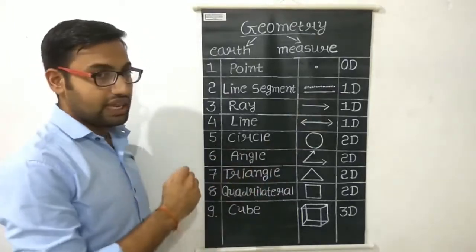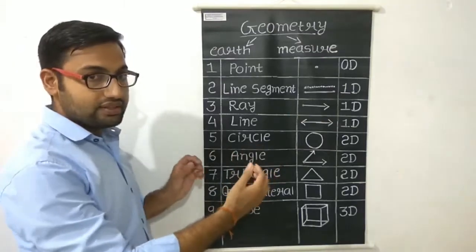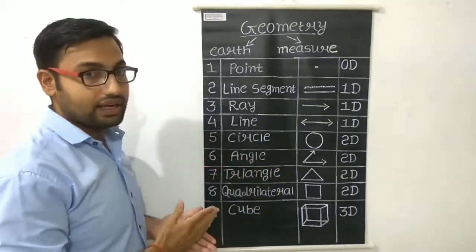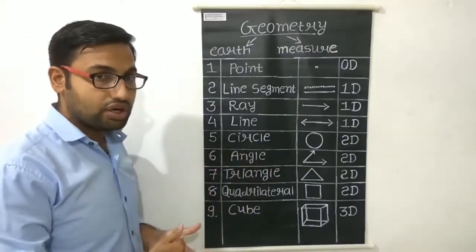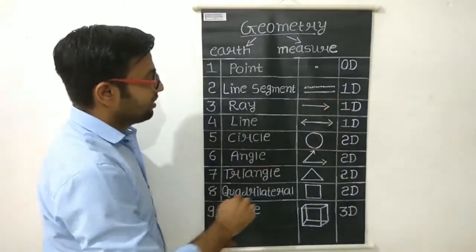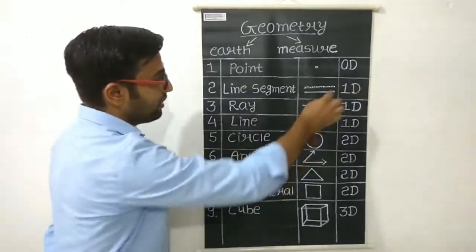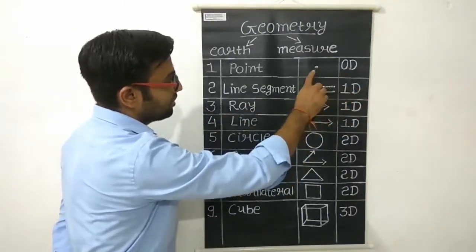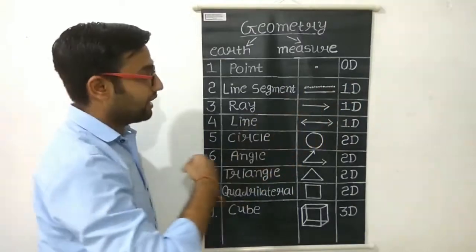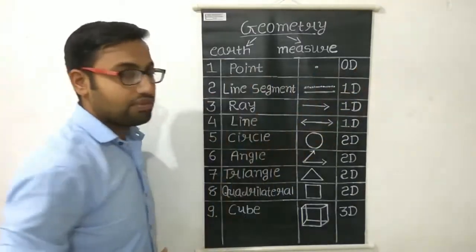Like your scale also has some finite length, like 6 centimeter or 12 centimeter, and that line segment has one dimension now. So what happens if we put the dots in a straight line? It is converted from 0 dimension to 1 dimension.